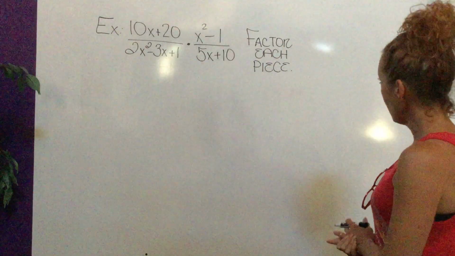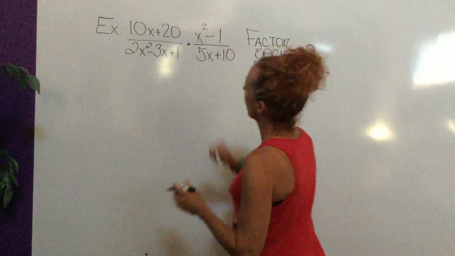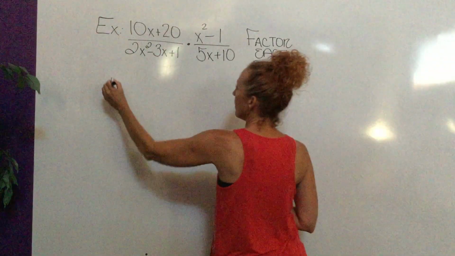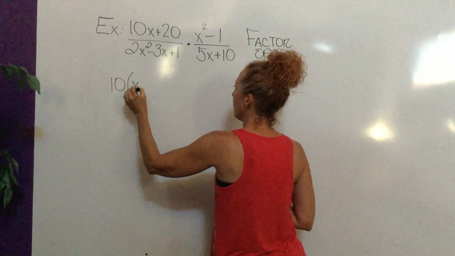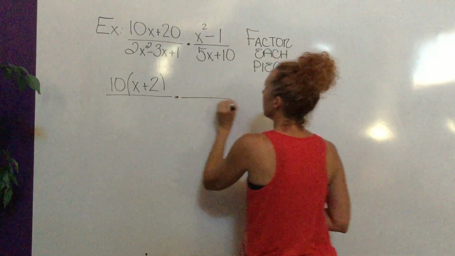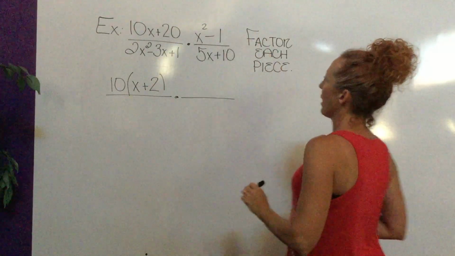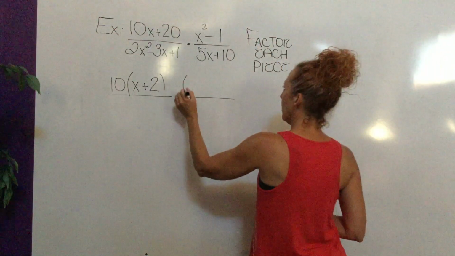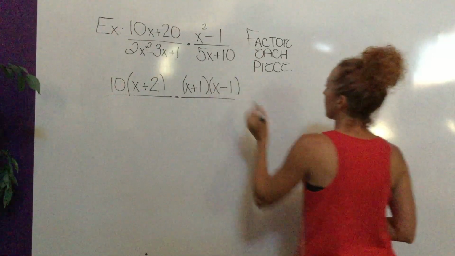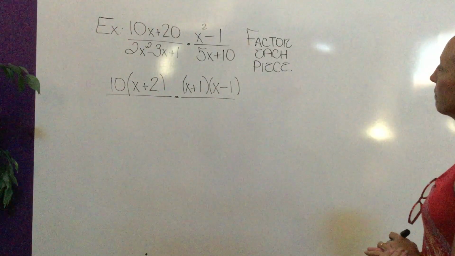So here we go. What am I going to take out of 10x plus 20? There's a GCF of 10, and that's going to leave me with x plus 2. What am I going to take out of x squared minus 1? Well, that is the difference of 2 perfect squares, so it's x plus 1, x minus 1.